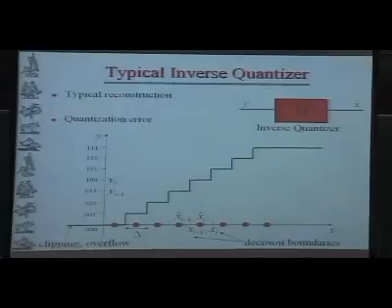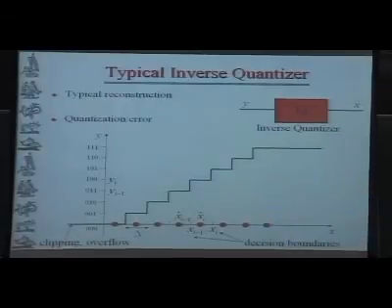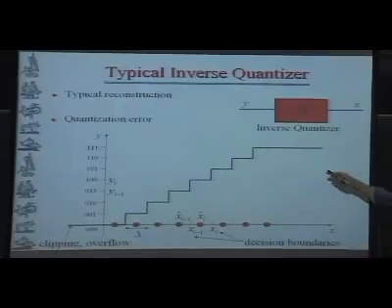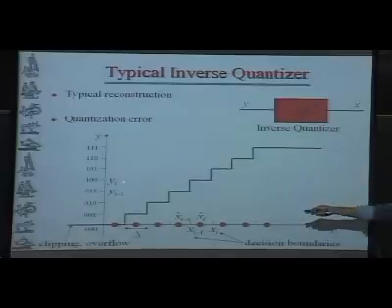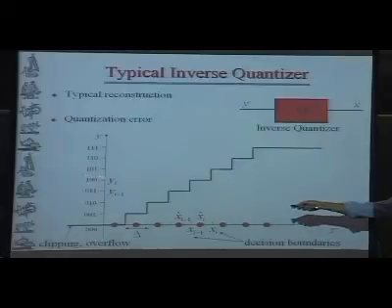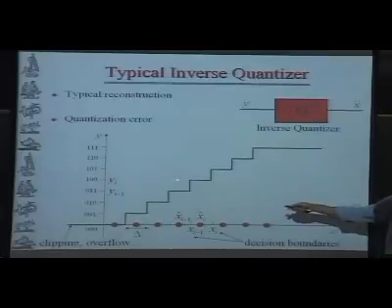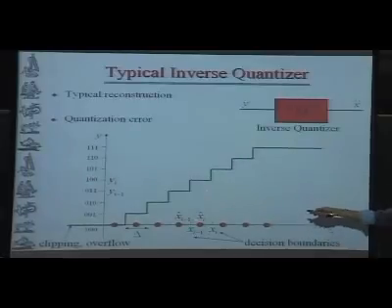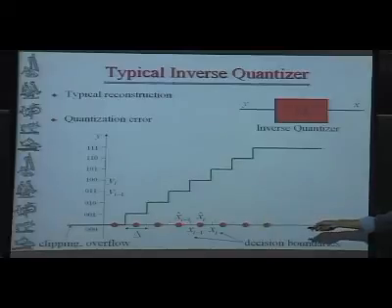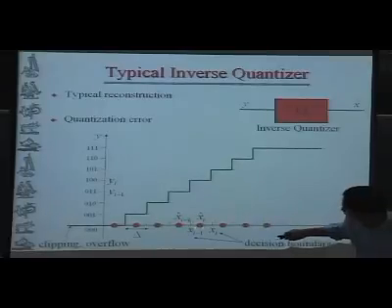Now, the inverse quantizer is doing this. Intuitively, the inverse quantizer receives the y, which is, for example, this guy here, and it will figure out that the original guys live somewhere in this neighborhood, right?